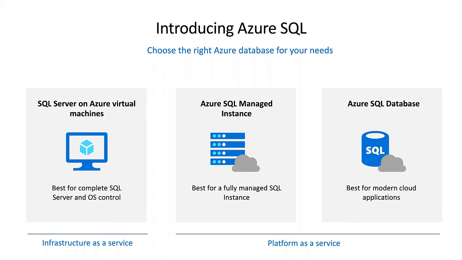So if you have a vendor who will only support their terrible app on SQL Server 2008 and Windows Server 2003, you should probably find a new vendor. But in the meantime, your only option would be to run on a virtual machine, because you're not going to get SQL 2008 in Azure SQL Database. You do, however, have the option of that compatibility level, but we know software vendors and how terrible they are.